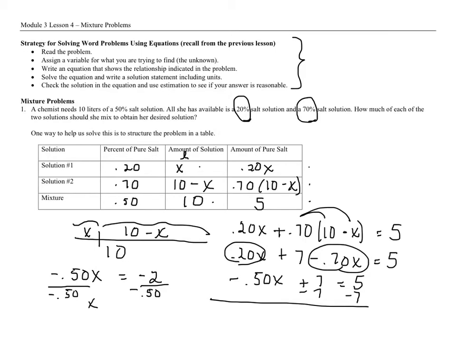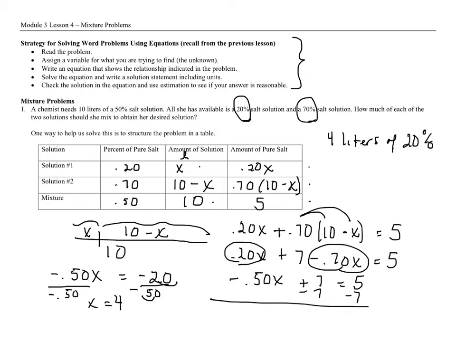Then I'm going to divide both sides by negative 0.50. So x is going to equal, if you think about it, I can move my decimal point here. So I'll really get negative 20 divided by negative 5, which is 4. So 4 liters of 20%.